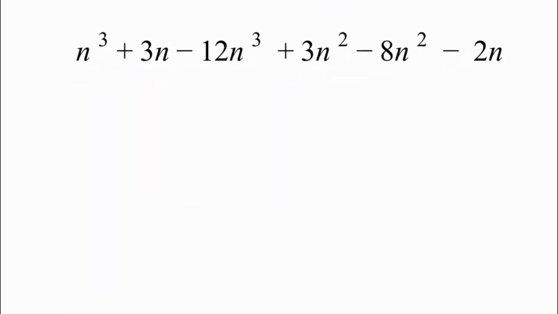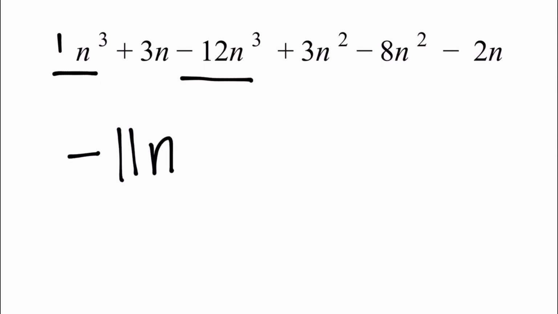Okay, so I hope you got it. Let me go ahead and show you how to do it. So this one has an n to the third, another n to the third. So this is 1 minus 12. That gives me negative 11 n to the third. Then we have, let's look for the next one, 3n squared minus 8n squared.